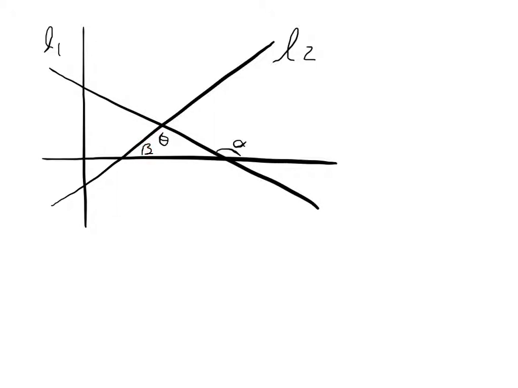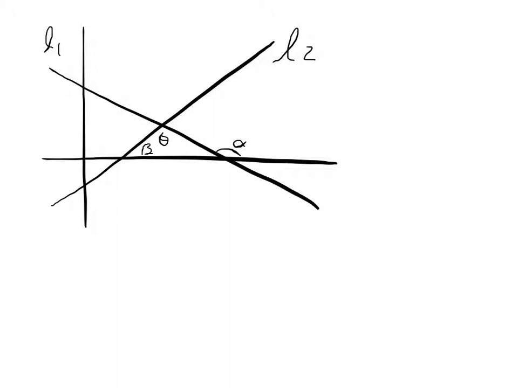So my angle of elevation for L1 is, let's call that alpha, and for L2 we'll call that beta. We're actually looking for the angle between the lines, and we'll call that theta. Note that vertical angles are congruent, and consecutive angles where lines intersect are supplementary. So if you can get one of these four angles, you get the other three very quickly.